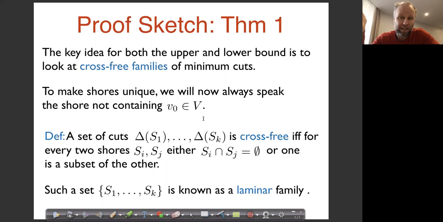So SI is contained in SJ, or SJ is contained in SI. Okay, so such a family of sets, if I just look at these shores, that's known as a laminar family. So again, every two sets in this family are either disjoint or one is contained in the other.